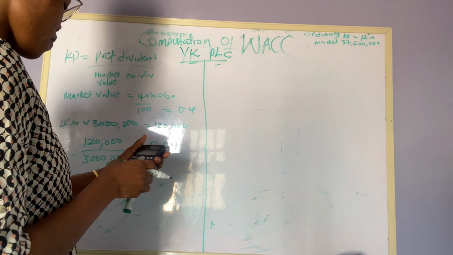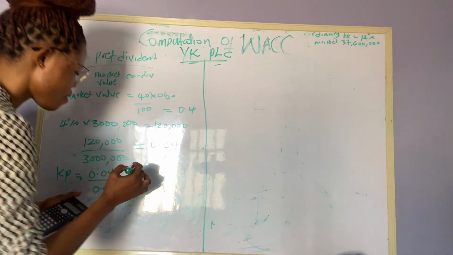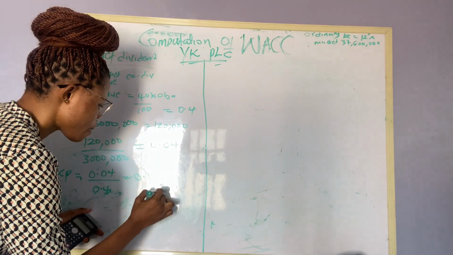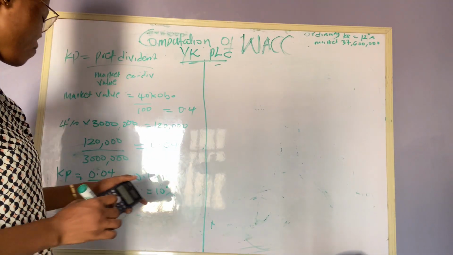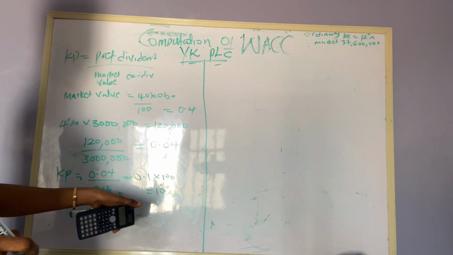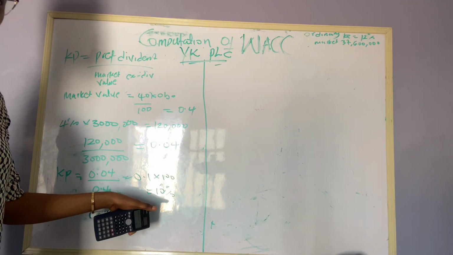Divided by 0.4, we have 0.1. So when you times it by 100, it will give us 10%. So it means that the cost of preference share is 10%.